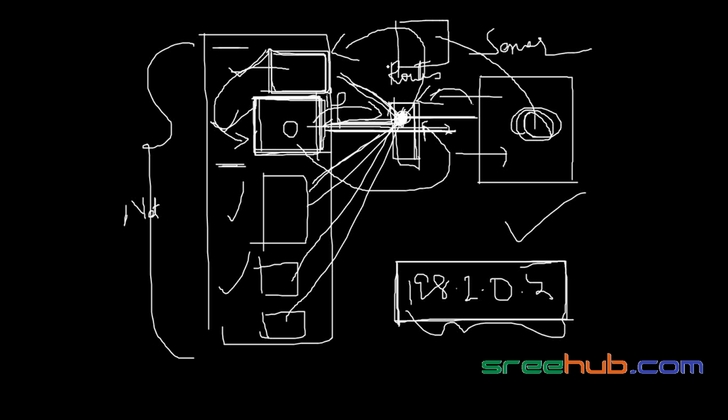Maybe if this is the router you are working on, it will send it to this router, and this router will serve you the screen. That is how it works. This is a very raw kind of communication which I have shown. The internet works in a rather better way, and I'll show you that once you understand this.